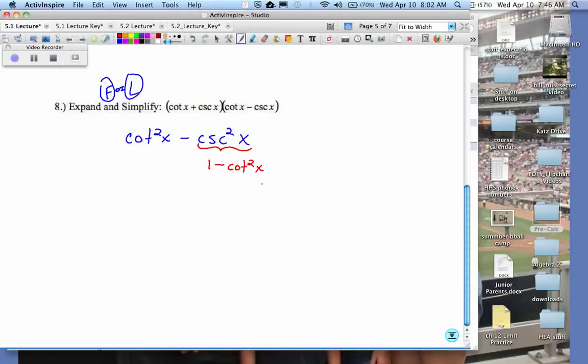But that's got a negative in front. So let's put it in parentheses with the negative in front. Oh, I wrote 1 minus, people. It's got to be 1 plus. 1 plus cotangent squared is equal to cosecant squared.